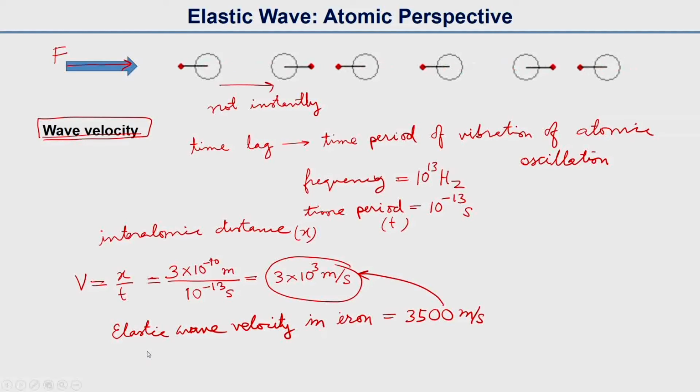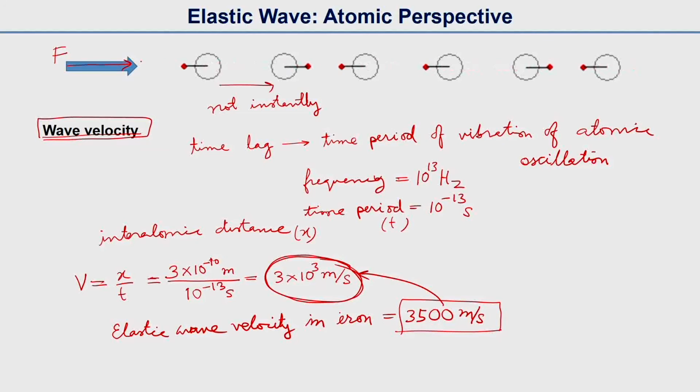So our very simplistic calculation is giving a very close estimation to what is found from experiments, that wave velocity in iron is 3500 meter per second.